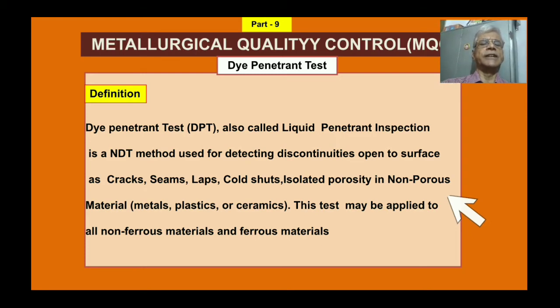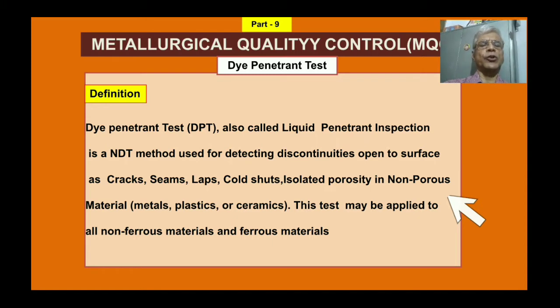Means it is one of the NDT processes in which the discontinuities which are open to the surface can be checked through this method. You see it should be non-porous, such as metals, plastics or ceramics.